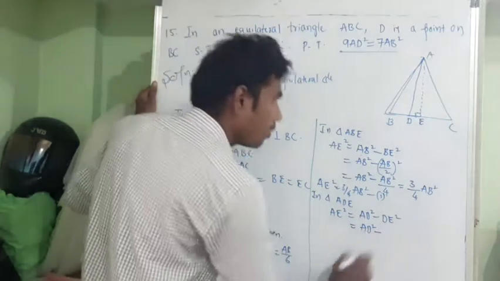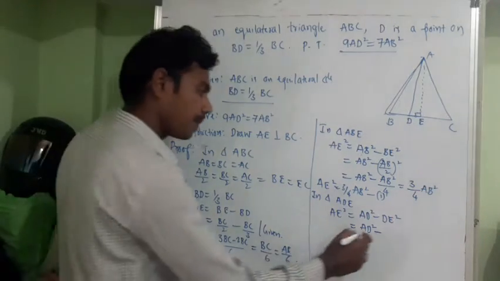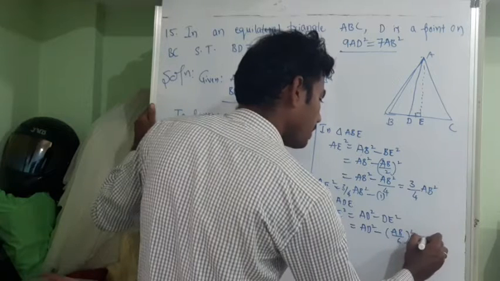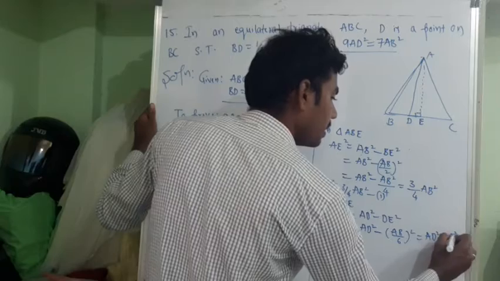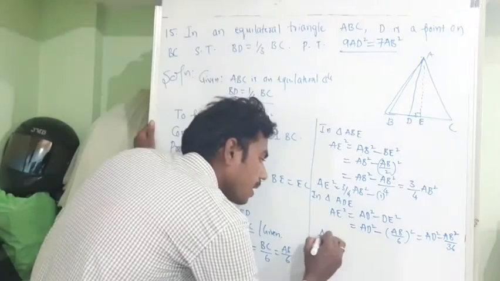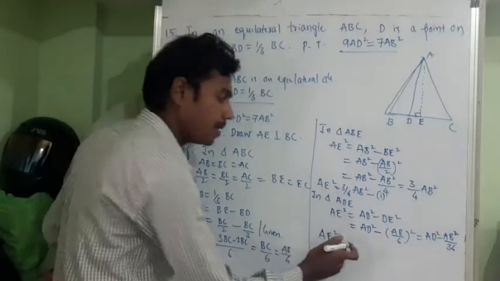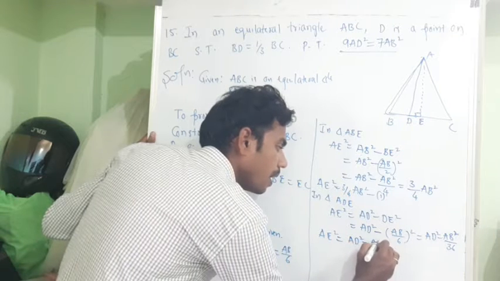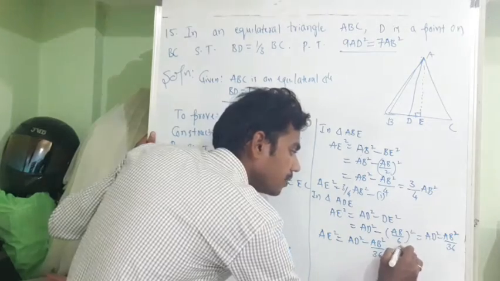Instead of DE square, what can I write? That is AB by 6 whole square, which is nothing but AD square minus AB square divided by 36. So AE square is equal to AD square minus AB square divided by 36. I'll call it equation number 2.